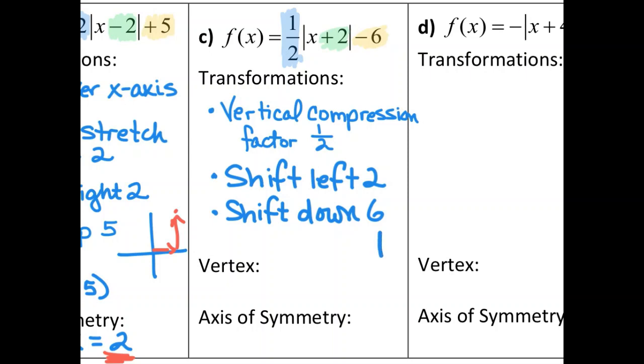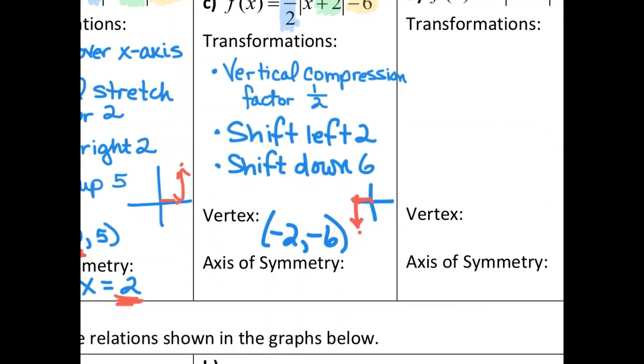And again, if you start with the parent function, that has its vertex at 0, 0, and you shift left 2 and down 6, your new vertex is going to be at the point -2, -6. And your axis of symmetry, x equals -2, I get that number from here.